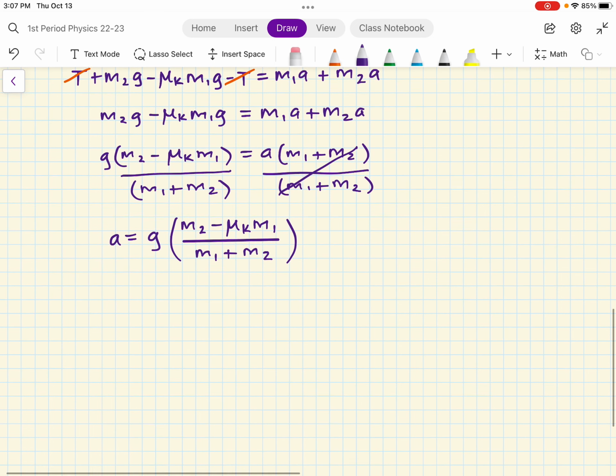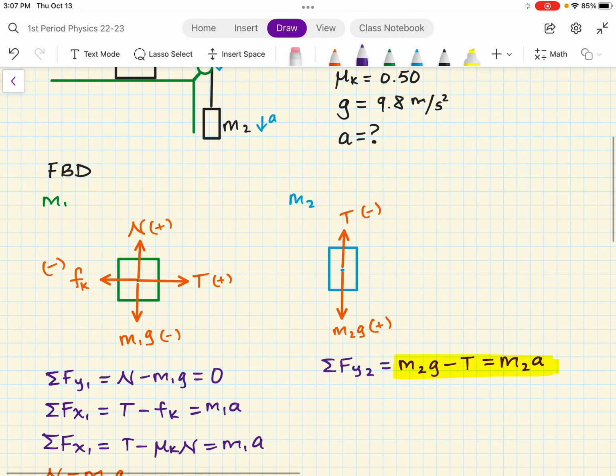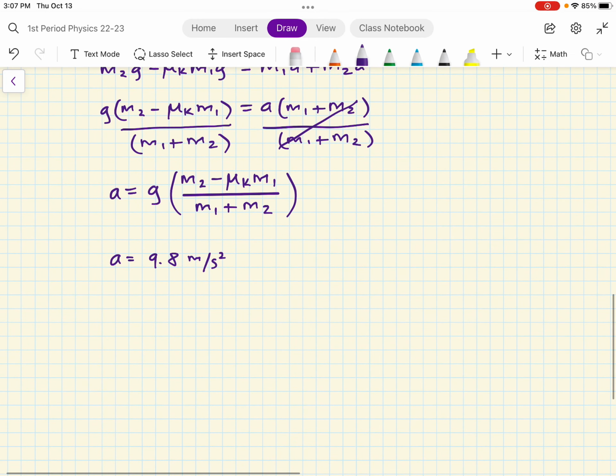Now we just plug in our numbers. So in this case, acceleration is equal to 9.8 meters per second squared. Mass 2, I think that was the 165, right? Oh no, it's 100 grams. Okay, so I'm going to add the parentheses at the very end.